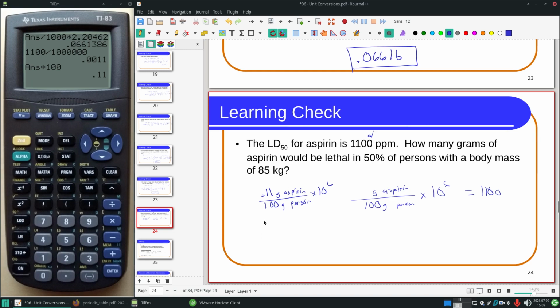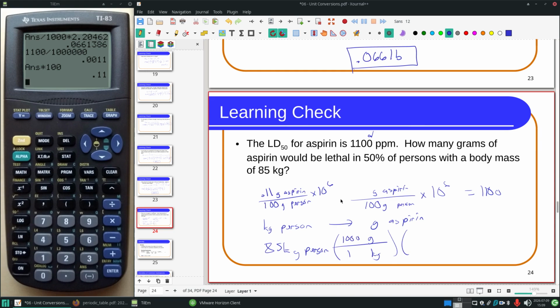So what we're going to do is take the kilograms of person and turn it into grams of aspirin using this thing as a conversion factor. So I have the 85 kilograms. All right, it's going to work out just fine because I do want to cancel out the person, so I'm going to end up using it just like it's written. But the very first thing I need to do, because this was grams, is to convert this into grams. So I have kilograms to grams. 1 kilogram is 1,000 grams.